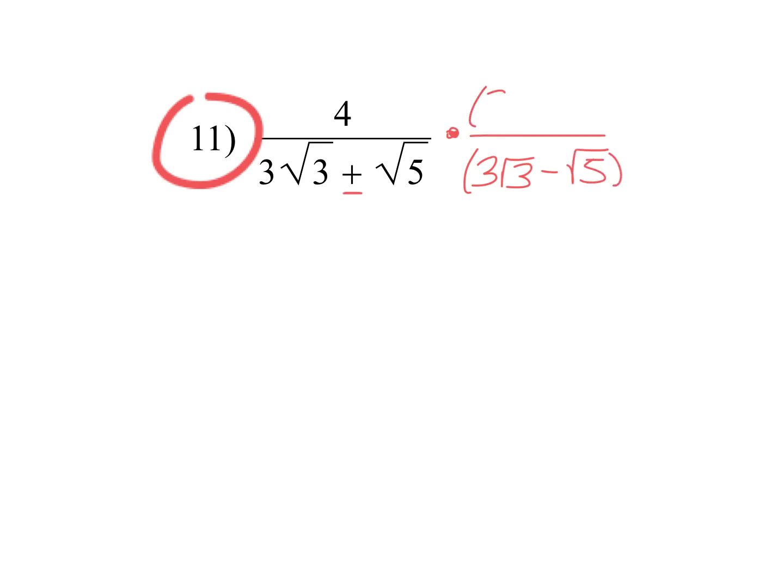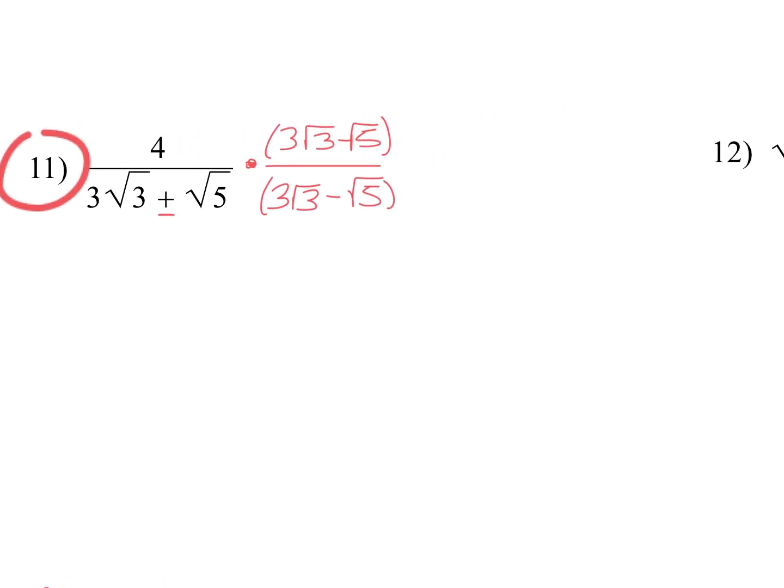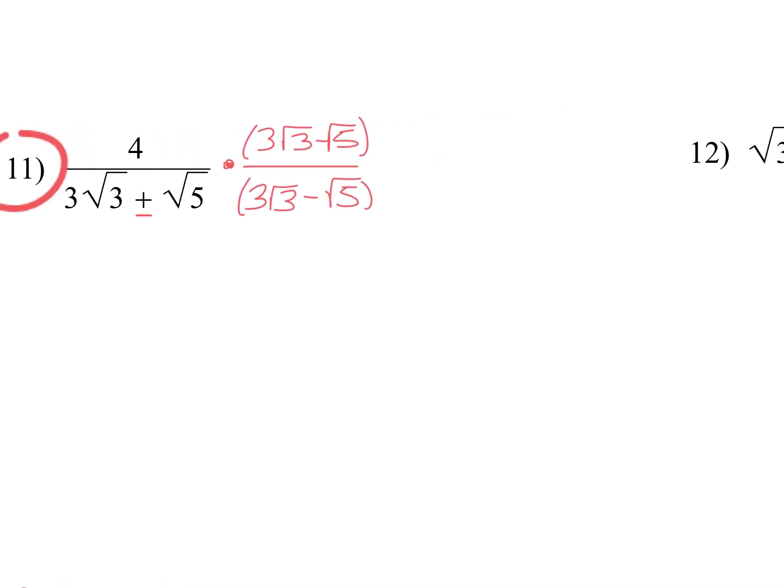So we multiply by that on the top and the bottom. Okay. Let's look at the top. We distribute that 4. So we have 4 times 3 square root of 3, which is 12 square root of 3. And then we have 4 times square root of 5, which is negative 4 square root of 5.